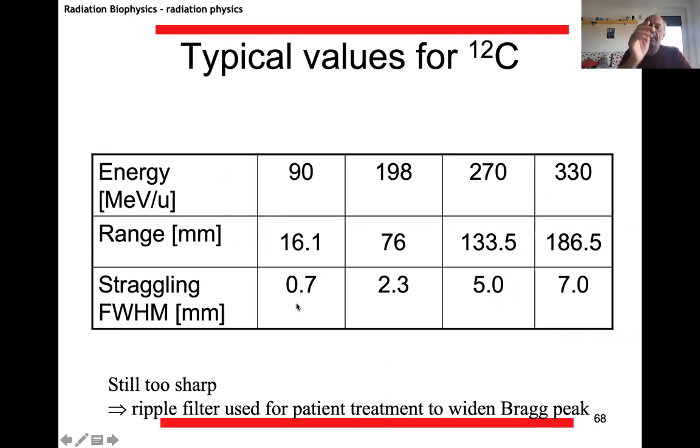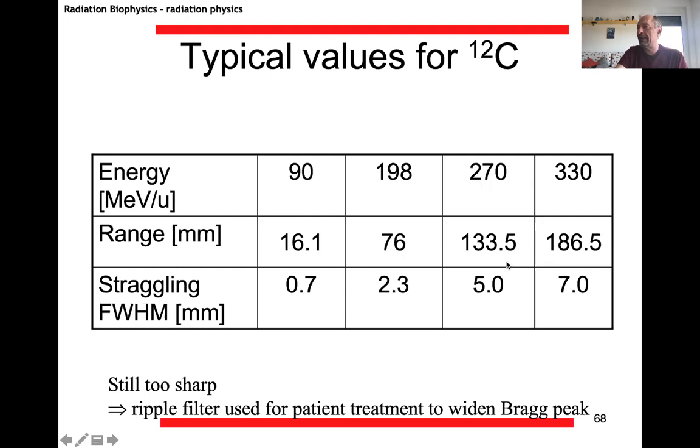Typical values of the range and of the straggling are given here for different energies: for carbon, 90, 198, 270, 300 MeV per nucleon. The range is in millimeters, so 1 centimeter, almost 2 centimeters here, 7.6, 13, 18.